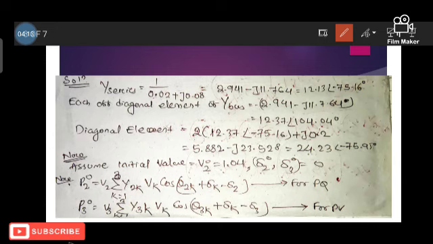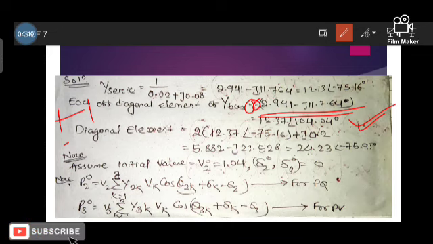Each off-diagonal element, as we have already seen in that property, is the admittance connected between the two buses with its negative sign. So putting the negative sign with the admittance, we get 12.37 angle 104.04 degrees.